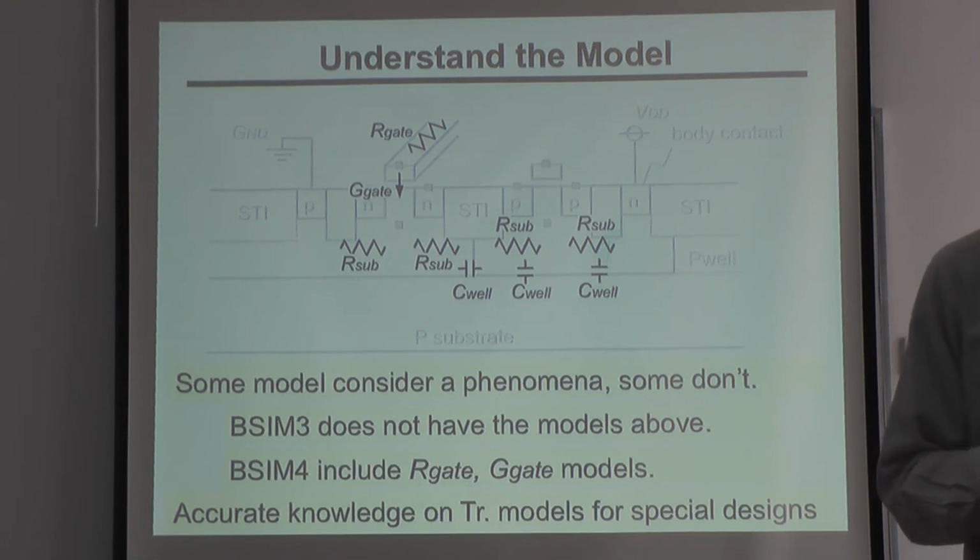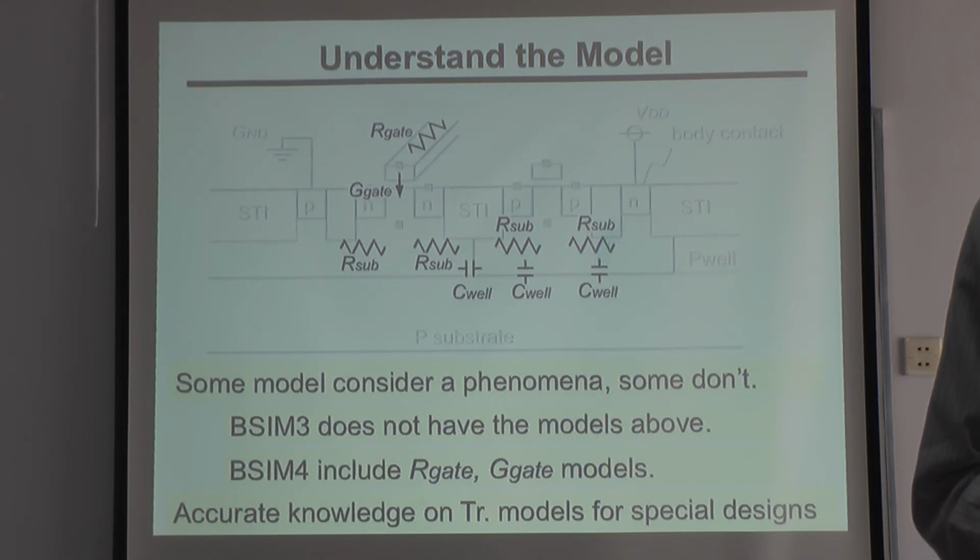Could you please tell us more detail about the low power set? If we focus on the low power design, what kind of leakage or what kind of resistance or capacitance must we focus on?